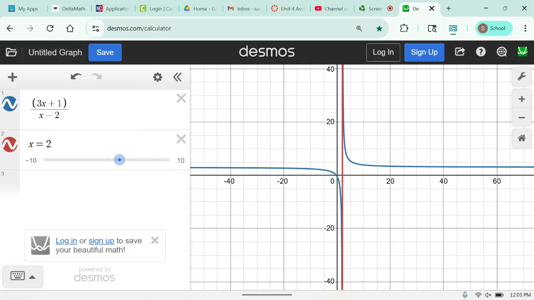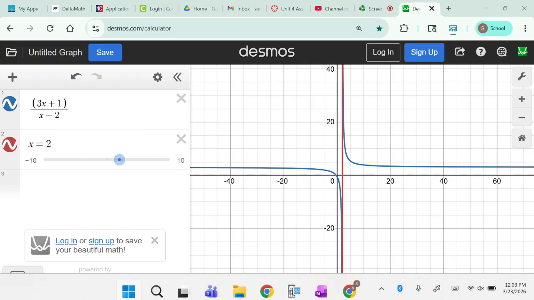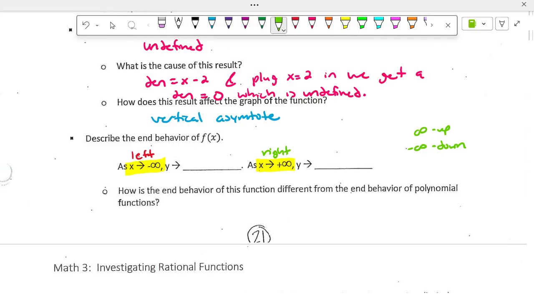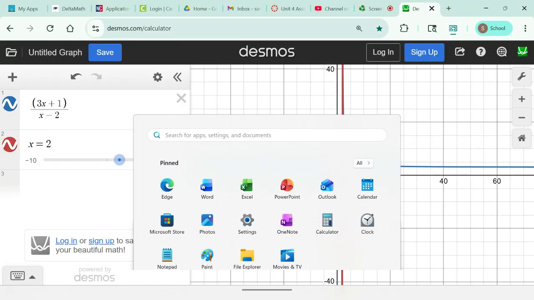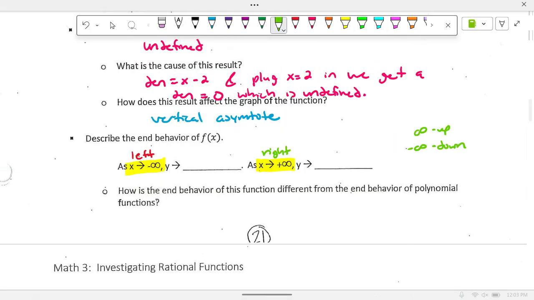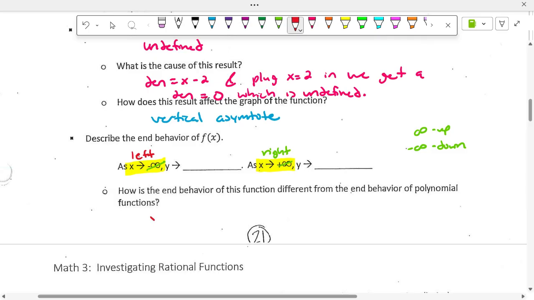It's saying that as the x values get smaller, the y values are approaching... No, this is not how it works. In reality, the x values are not approaching negative infinity or positive infinity anymore. In reality, our x values are approaching our vertical asymptote, or 2.